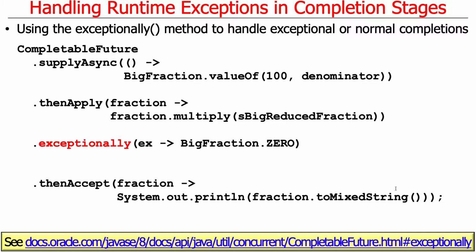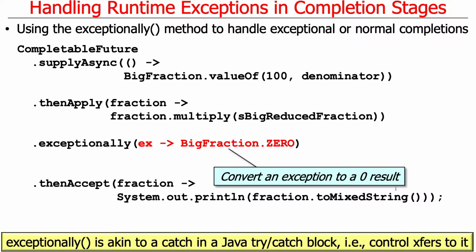And you can see that exceptionally is going to convert the exception to a 0 result. Again, maybe not the best thing to do, but just to illustrate that we can take an exception and do something and then transform the result. And that's what comes back as the result of this stage in our fluent chain of completion stage methods.